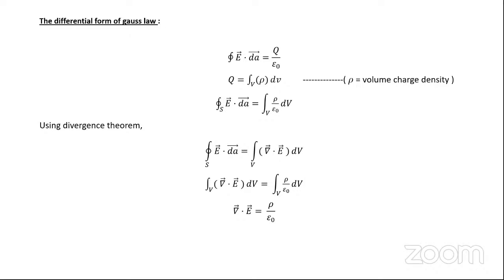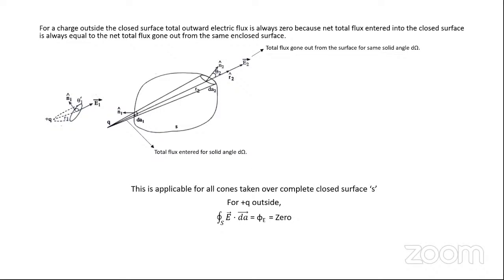Now one other thing has to be clear to you. What we have considered in Gauss law is that if there is charge inside the surface, then only the outward flux counts. Now check here: what happens if there is any charge outside the closed surface?